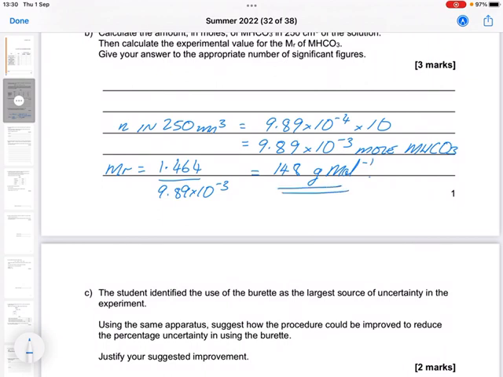So the marks for this, in 1A there's 1 mark for selecting the 2 correct titers, 1 mark for calculating the mean titer correctly, and 1 mark for calculating the number of moles.